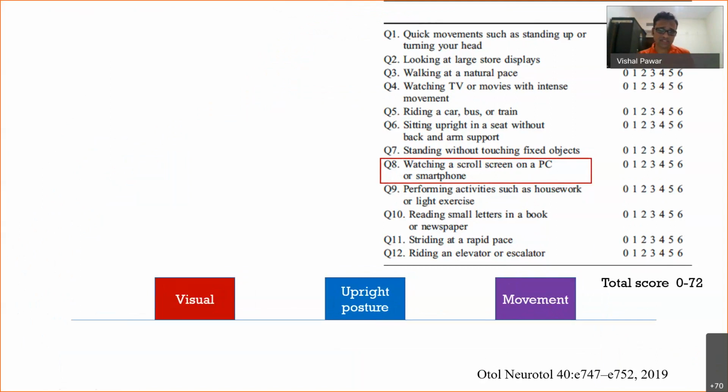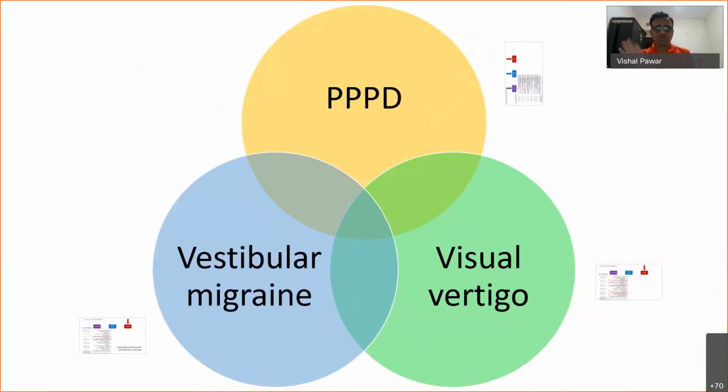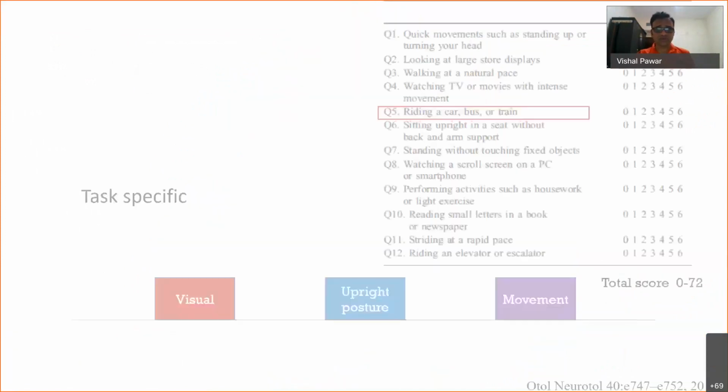Patients with vestibular migraine also tell that there is difficulty in focusing and concentrating on the screen. It's a very common symptom, I feel. So there is a lot of overlap between triple PD, vestibular migraine, and visual vertigo. But we can recognize the pattern and then decide which disorder the patient is suffering from.